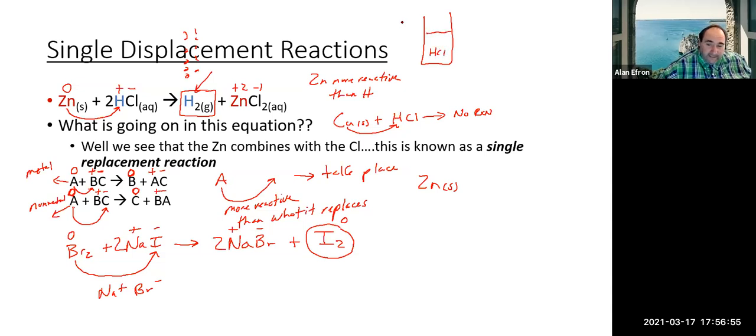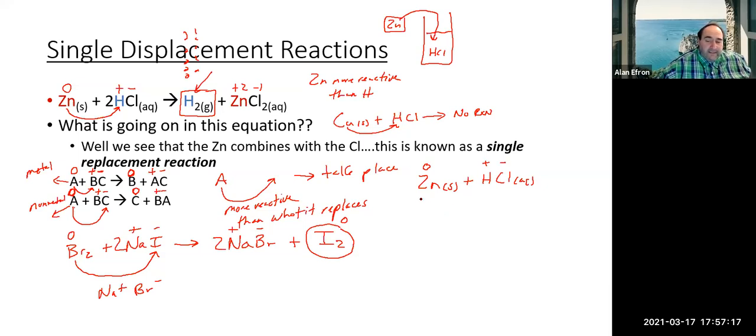You would take a piece of zinc metal, and basically you would drop it into the hydrochloric acid. When it does that, it's going to follow this single replacement reaction. And basically the idea here is zinc does not have a charge to begin with, but this hydrochloric acid is sort of an ionic compound in the sense, and it has a positive guy and a negative guy.